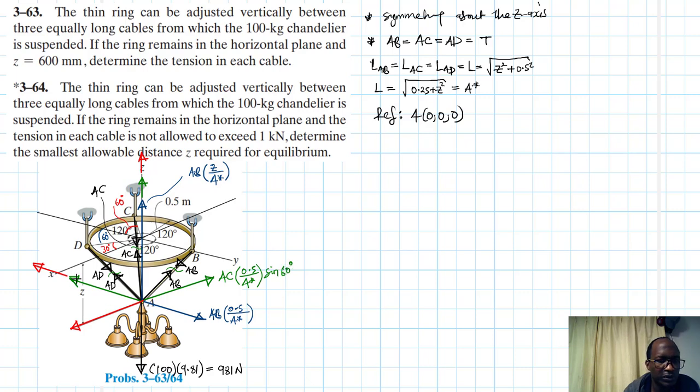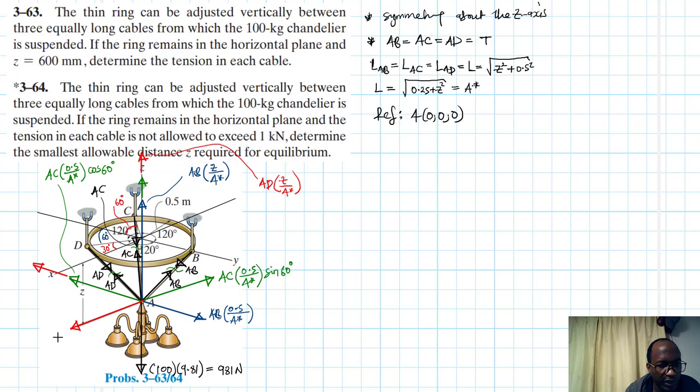So mapping it in that direction will give us sine 60 degrees. All right, and then AC along the y-axis is again 0.5 divided by A star. We map it along the y-axis, which is just cos 60. And then later on, we have AD, which is just Z divided by A star.